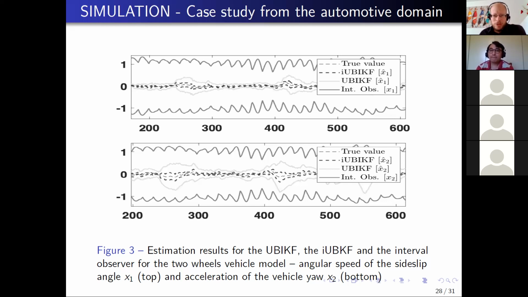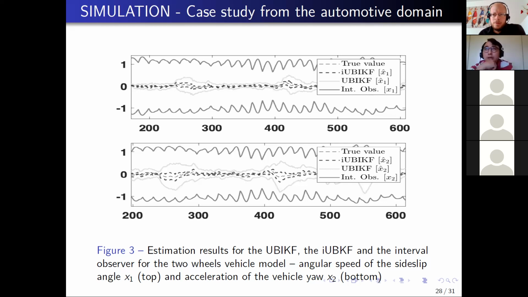And maybe also concerning the interval observer approach that you have there. I'm not exactly sure which paper of Christophe Combastel you are quoting here. Does this observer assume that your system dynamics are cooperative? That means that your system model is a Metzler matrix?